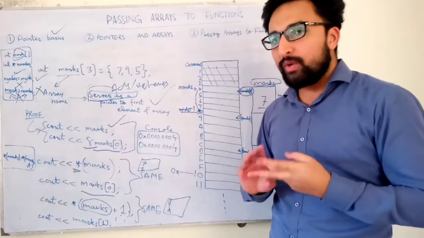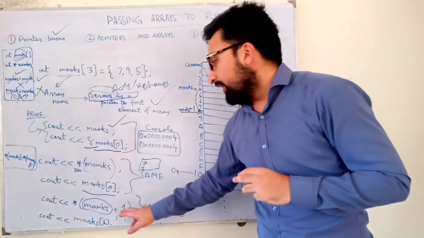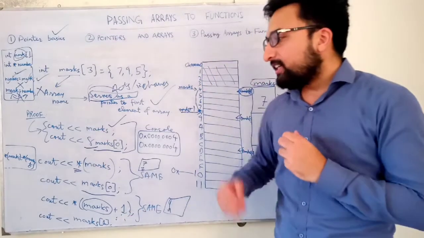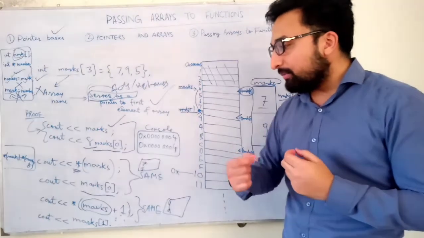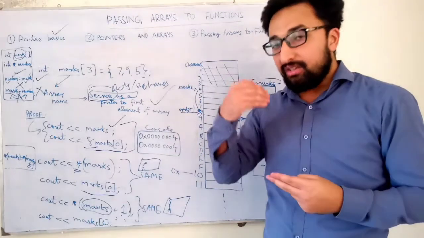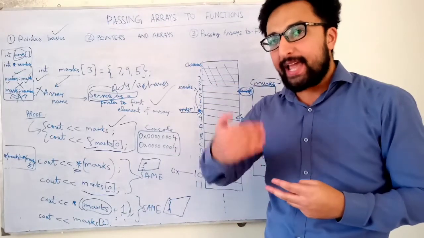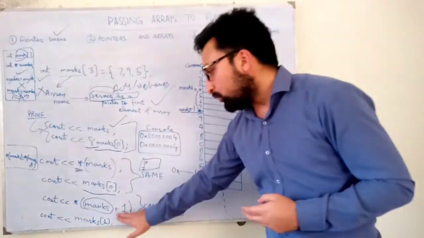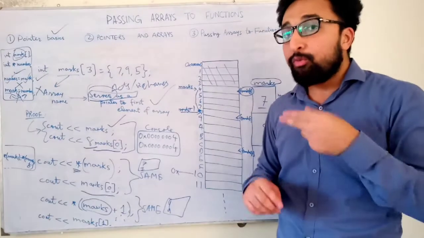It is the same case when we are doing this with pointers. When we do plus 1, it is not moving us 1 byte ahead. It is basically taking us to the next element. Plus 1 technically means plus 4.